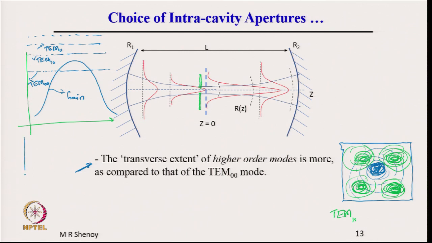If we choose an aperture like this, a small aperture, a Teflon aperture, this is opaque and there is only one hole, that is what I have shown here in the transverse cross section. And this is the method used to choose only the TEM00 mode.